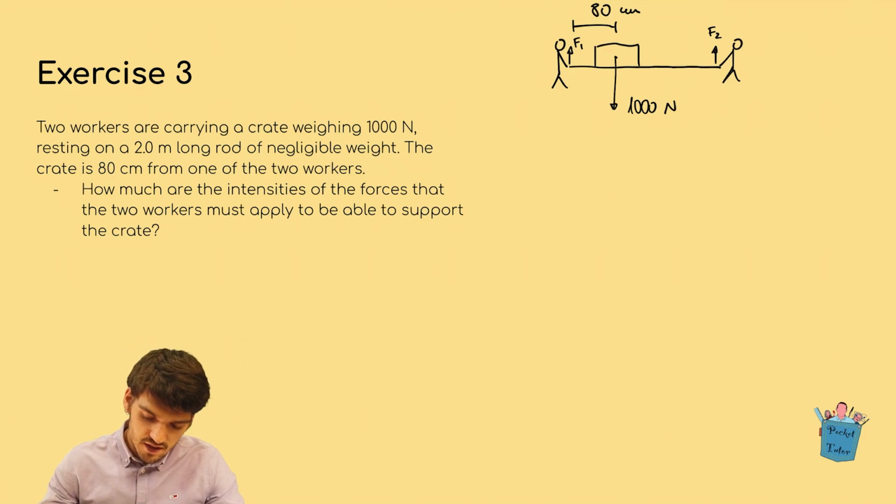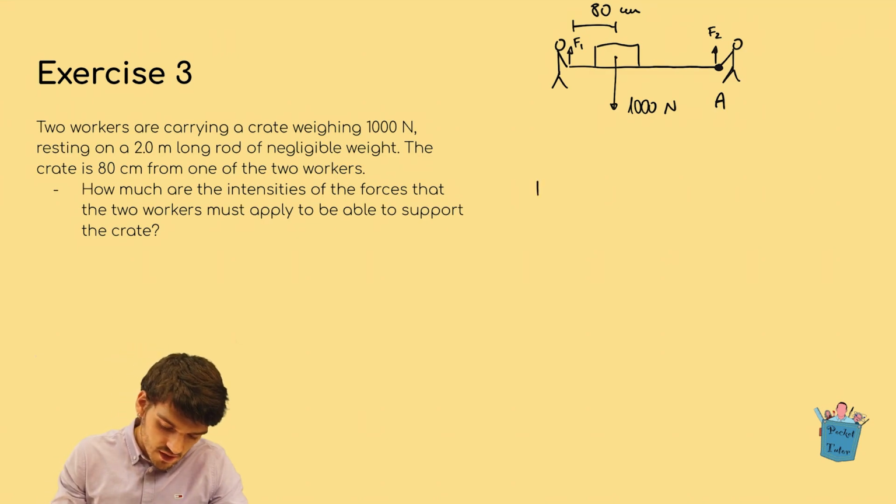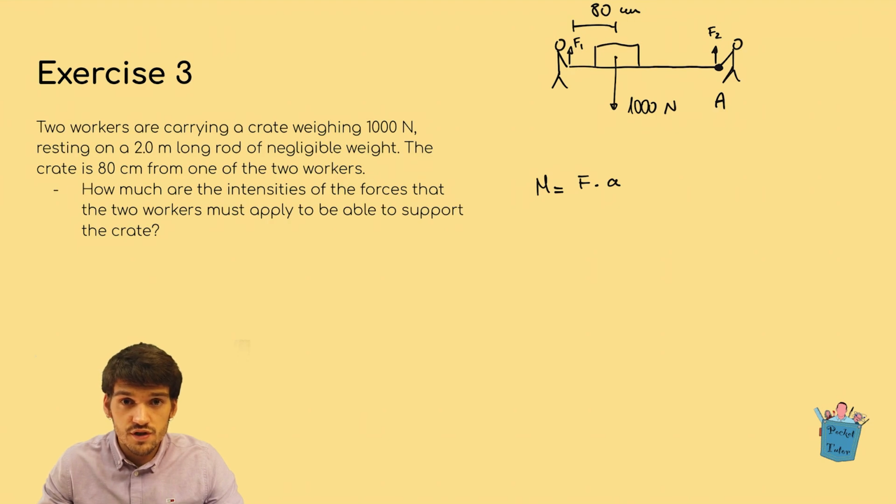And for simplicity, let's consider this one here, and we can call it A. Now we need to compute the momentum of all the forces with respect to A. And we know that the momentum is given by the force times the arm, or the distance between the force and the application point. Since the distance of F2 from A is equal to 0, in this way we exclude the momentum from F2, and this simplifies the problem.